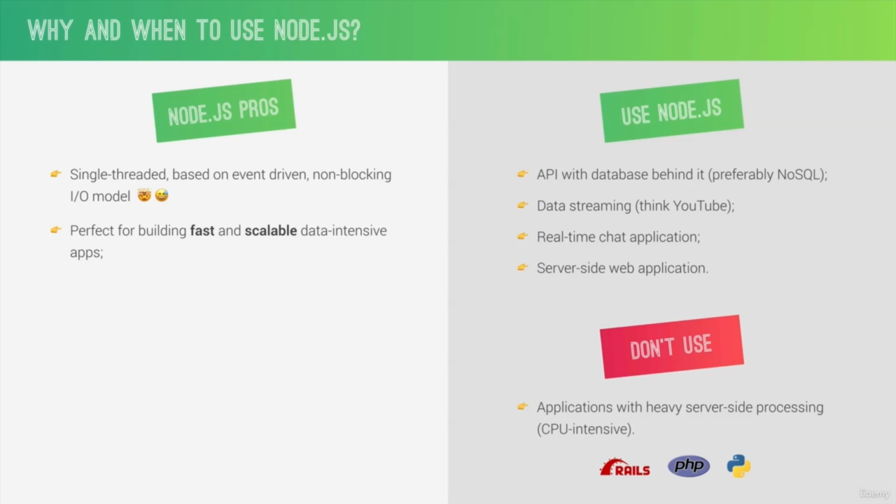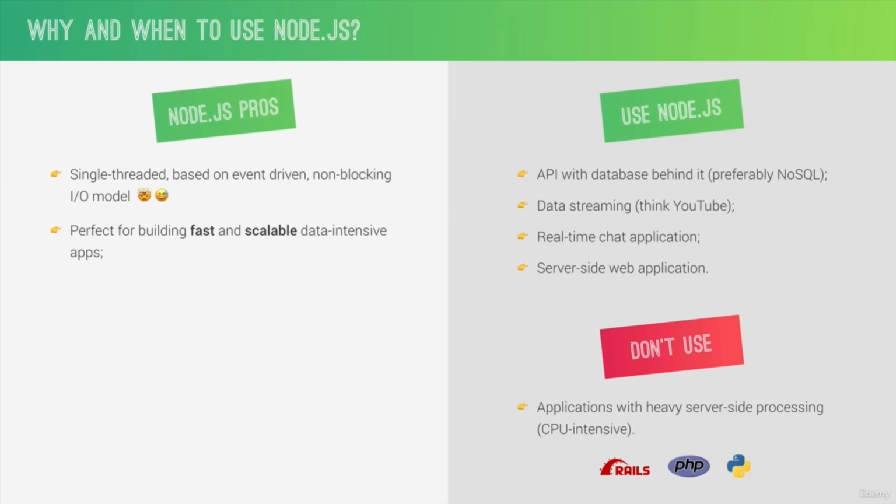So in this case, we're better off using something like Ruby on Rails, PHP, or Python, because Node.js just wasn't developed for these use cases. And although there are solutions for dealing with them, we should always use the right tool for the task at hand.